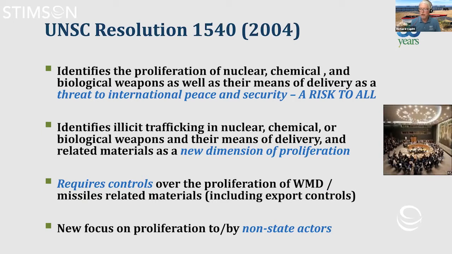They have military applications, but in most cases, primarily commercial or scientific applications. And the new focus was on proliferation to or by non-state actors that shifted the paradigm in how we think about WMD programs, not just states, but also the role of non-state actors.